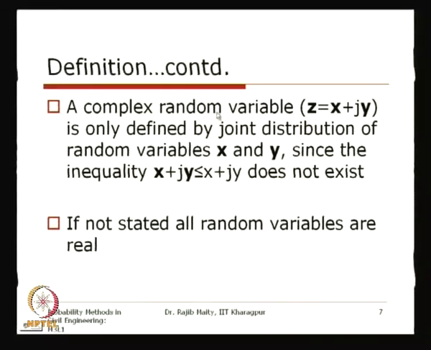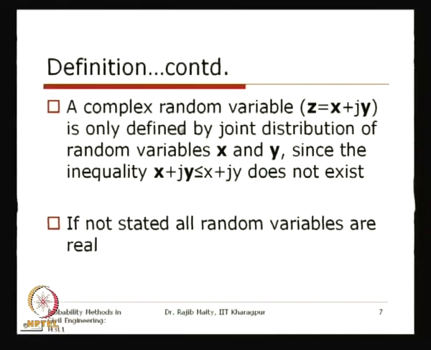Now a complex random variable. We will mention it just to complete this definition; if we do not say this, it will not be complete. Besides the real random variable which we just discussed, it can be a complex random variable as well, which is Z = X + jY.